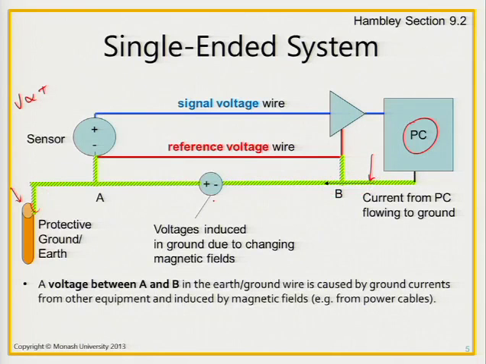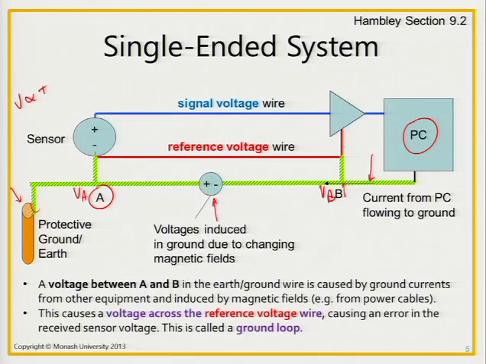So that's represented here by a voltage source. That means that the voltage at this point is different from the voltage at this point. Does that make sense? Because there's current flowing through, there will be a slight voltage difference between the voltage at point A and the voltage at point B. Why is that relevant?